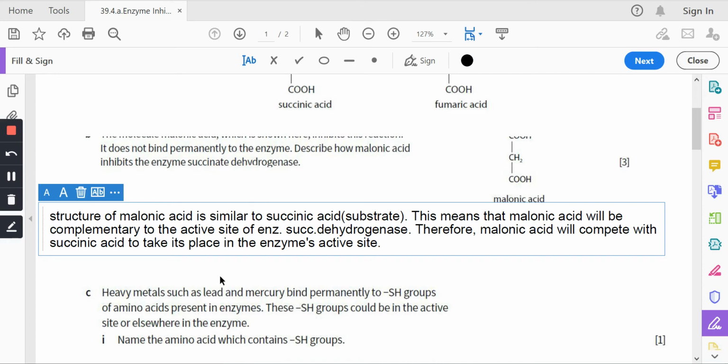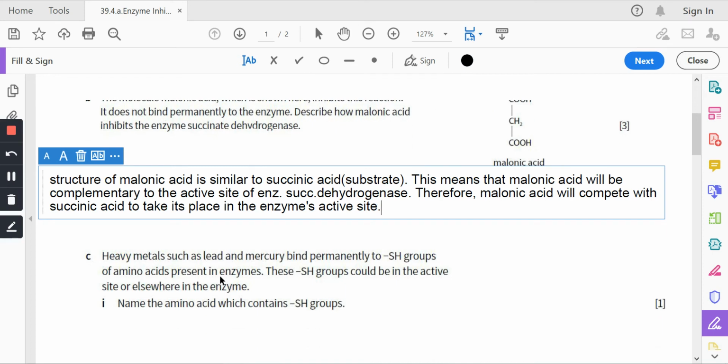These groups could be in the active site or somewhere else. Now there is a problem. If these groups are in the active site and these heavy metals form a permanent bond with them, then that will definitely affect the 3D shape of the active site of this enzyme.